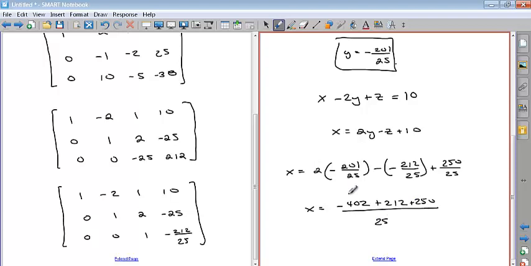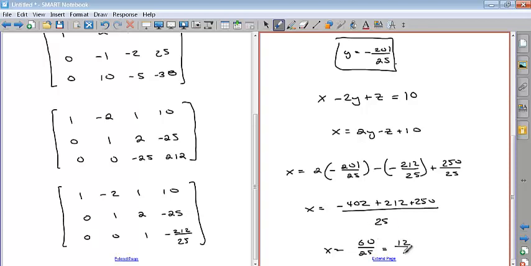So 2 times that is that. Negatives cancel out. And so if you have negative 402 plus 212 plus 250, that's 60. So you get 60 over 25, which you can simplify. If you divide everything by 5, 60 divided by 5 is 12.